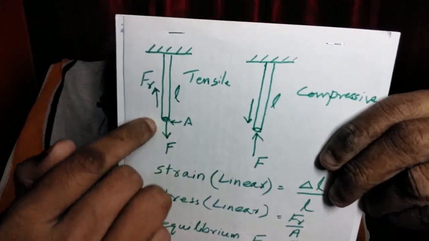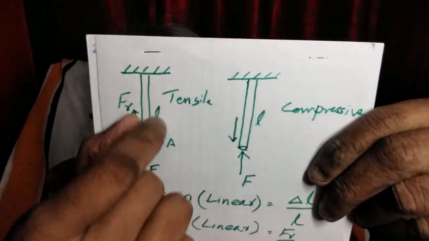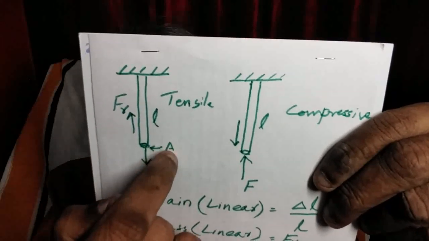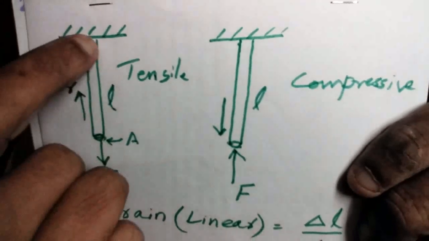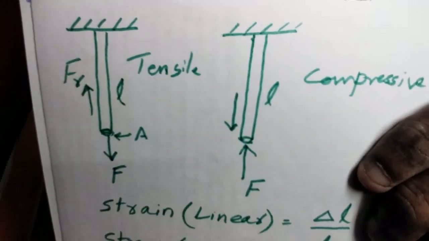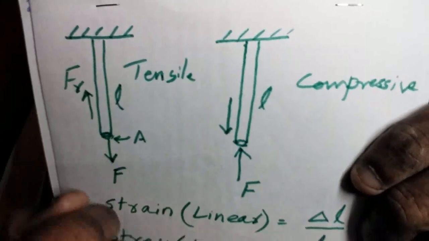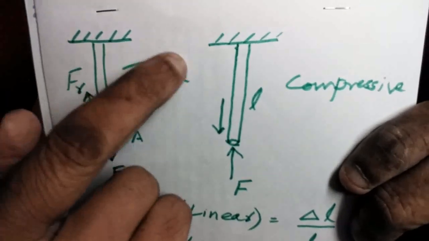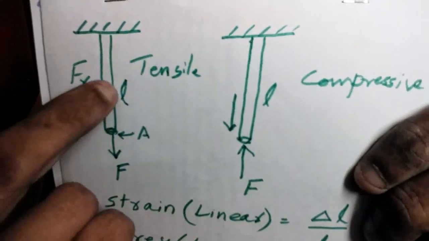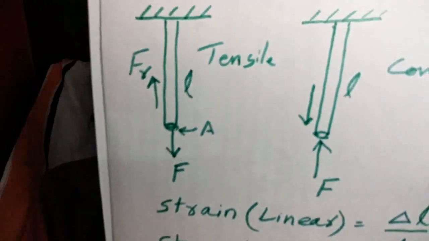Now let us see the first one. This is a thin wire of cylindrical shape. Its area of cross section is A. It is fixed at the upper end. We pull it downwards to increase its length. Such a force is called a tensile force. Now the body will resist.